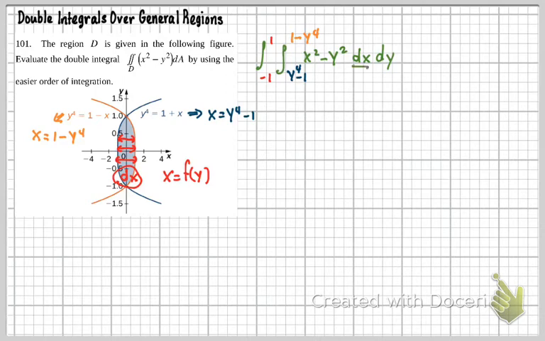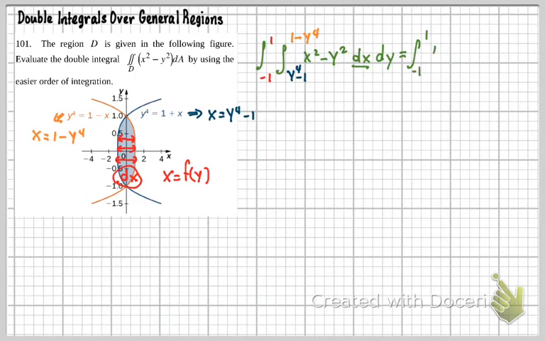So remember, we're doing dx first. I'm going to take the integral of the x squared, but the y squared is a constant, so that's going to just go along for the ride. So what we end up with is the integral from -1 to 1, which we're not touching yet.